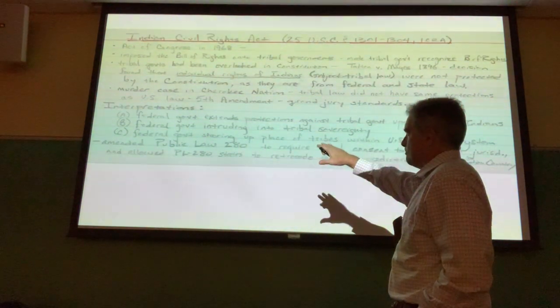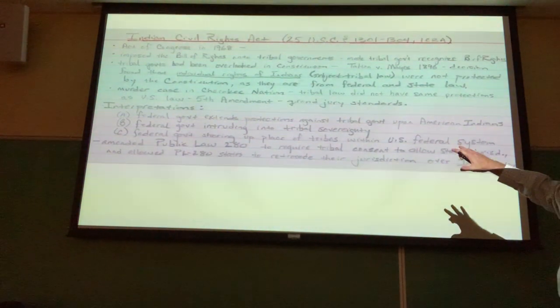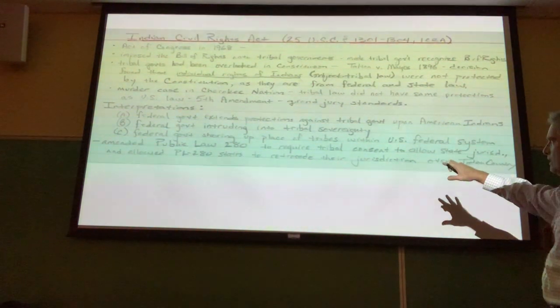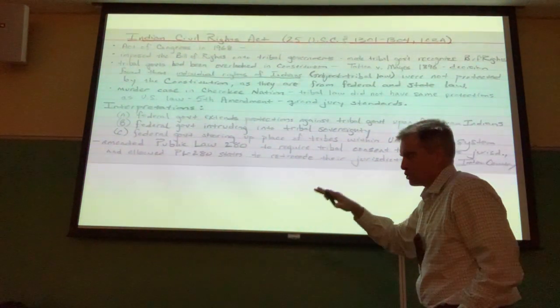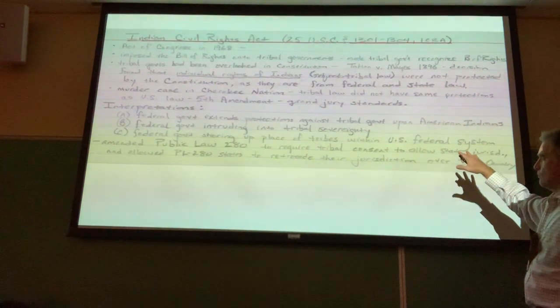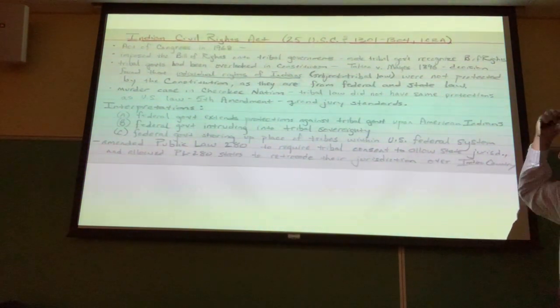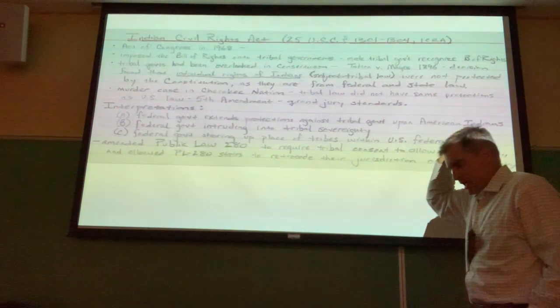And one thing that the federal government did in this is it sort of put the tribes in a certain position relative to the states and relative to the U.S. federal system.